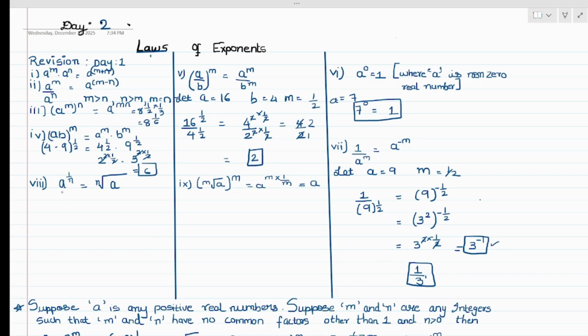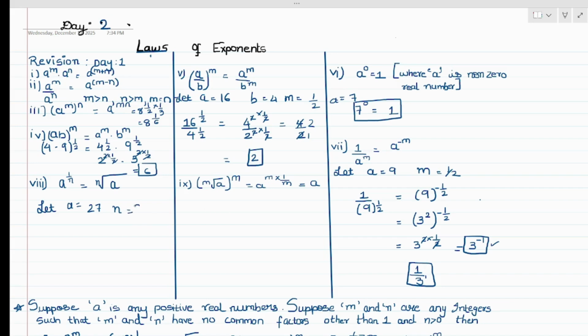Moving on to our law number 8, which says a raised to 1 by n gives you the nth root of a. So for better clarity, let's take my a as 27, and let's take my n as 3.